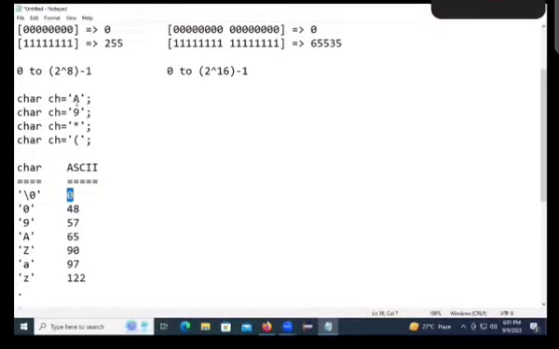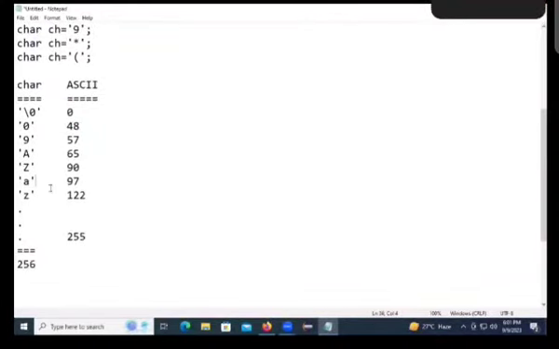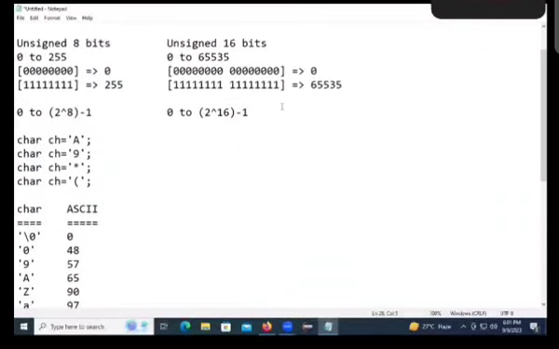Definitely there will be a question. These are the character set, 256 characters. Any character you take, its value will be 0 to 255. Then why do we require 16 bits of memory? And here I am saying 0 to 65535. Then how many characters are there? 65,536 different characters can be stored in a character variable in Java.